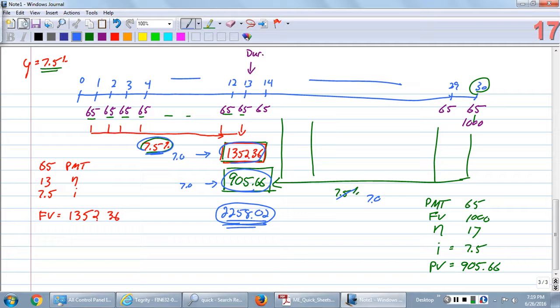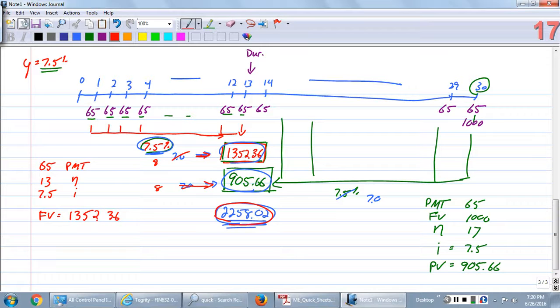If on the other hand, interest rates had gone up, maybe this went to 8%, well, this number is going to be higher. But this number is going to be lower. But it's still going to add up to 2258.